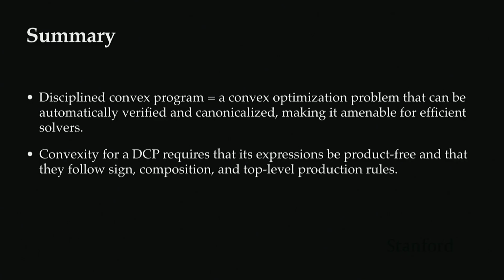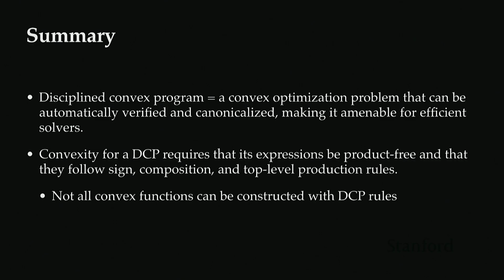Convexity for a DCP requires that its expressions be product-free and that they follow sign composition and top-level production rules. Not all convex functions are DCP compliant, but if you can make your functions DCP, then you should just use disciplined convex programming and get the right answer out.